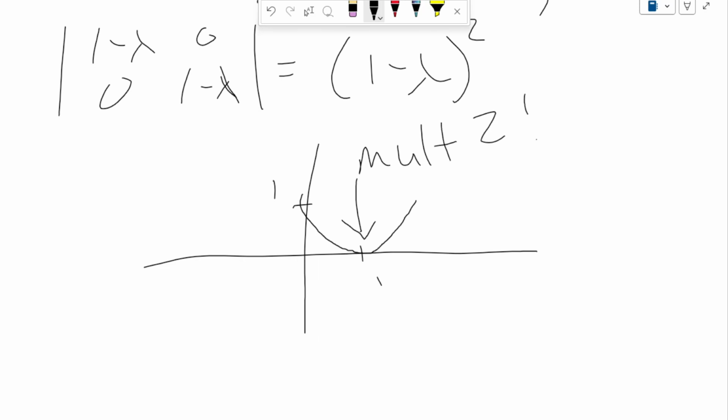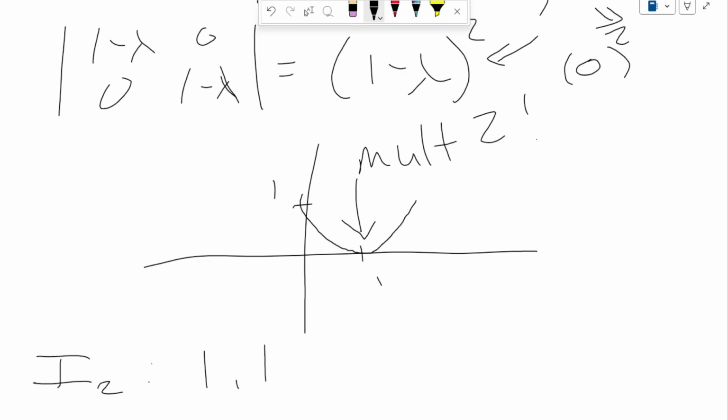Because at lambda equals 1, this is going to be like 0 squared, and so we count this twice. And so it works out that the two eigenvalues of I2 are going to be 1 and 1.